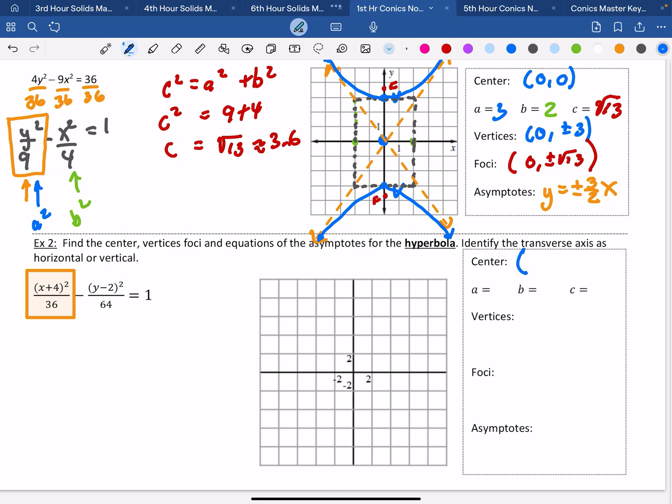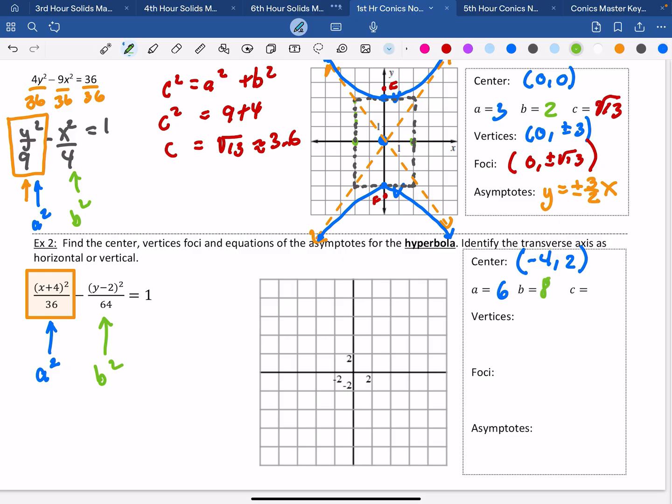All right, so center. -4 is always the opposite, and a +2. Your A value is the square root of 36. Your B value is going to be the square root of 64. Square root of 36 is 6. Square root of 64, you get 8.